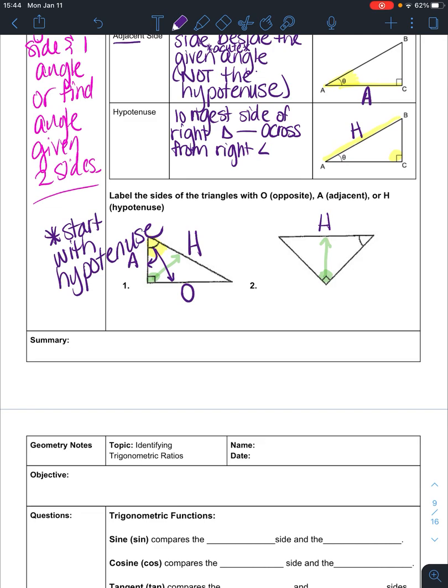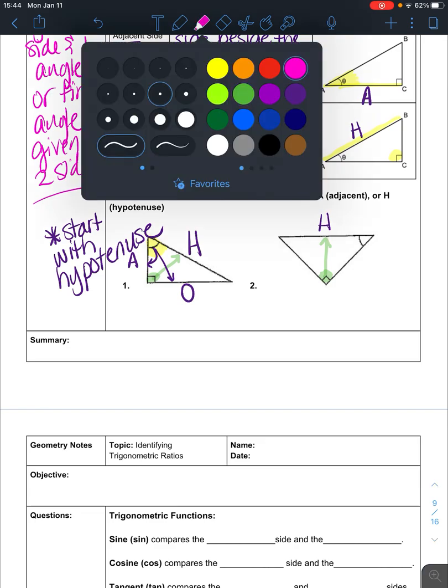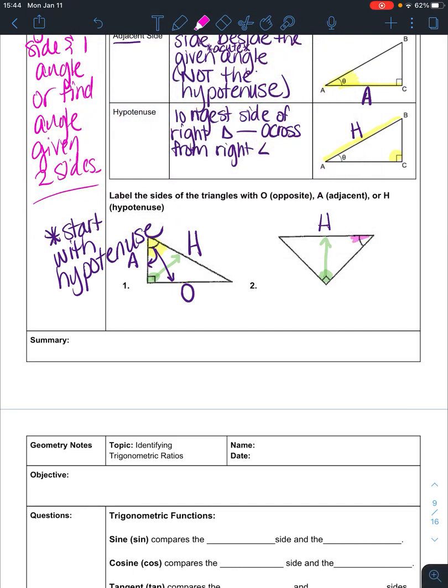I always locate my hypotenuse first. Then, based on the angle that I have right here, I want to know how everything is related to that angle. So this side is opposite and this side is adjacent.